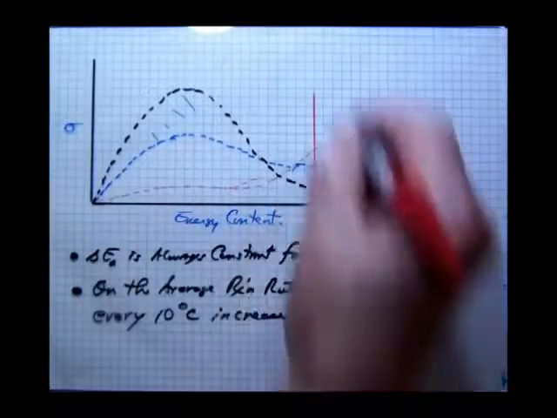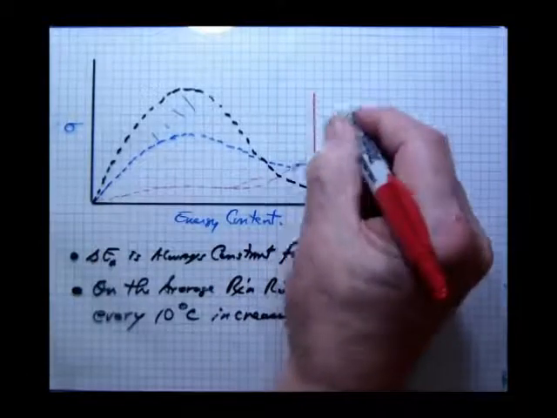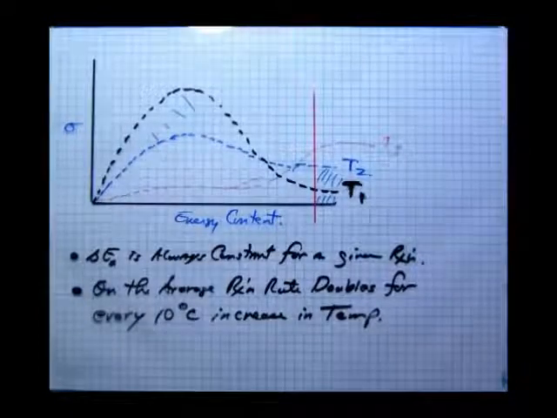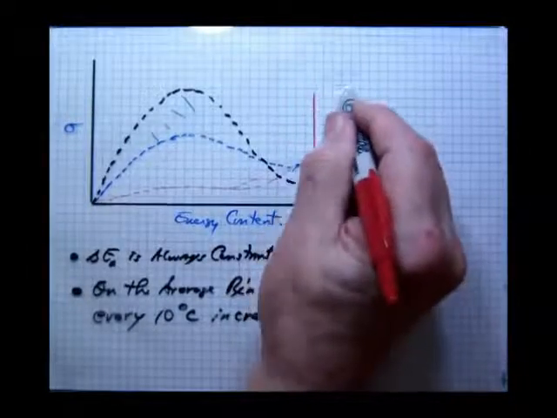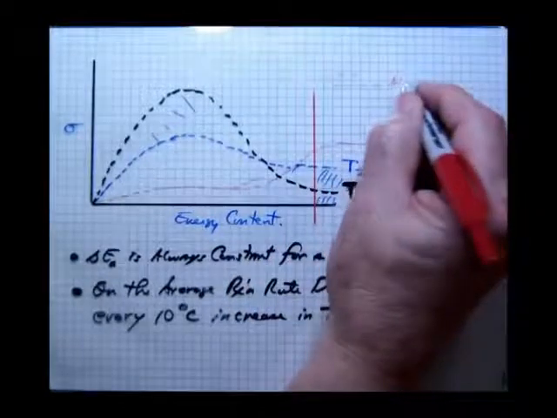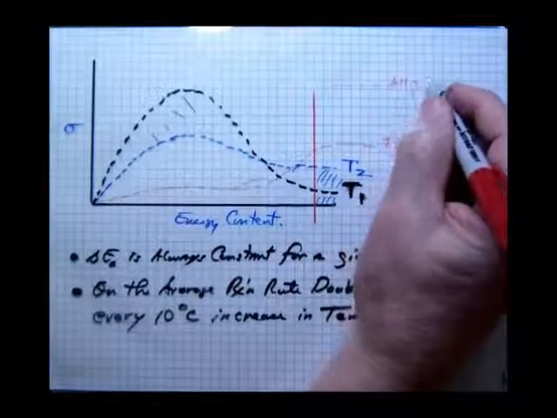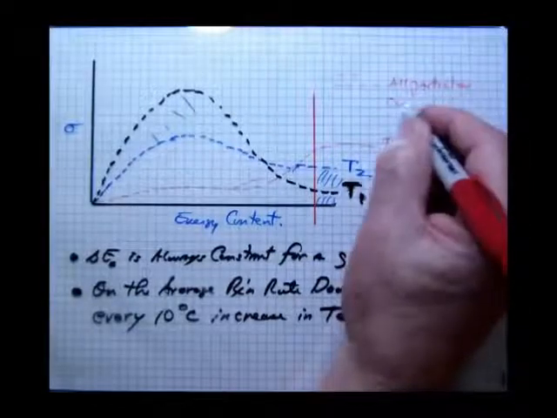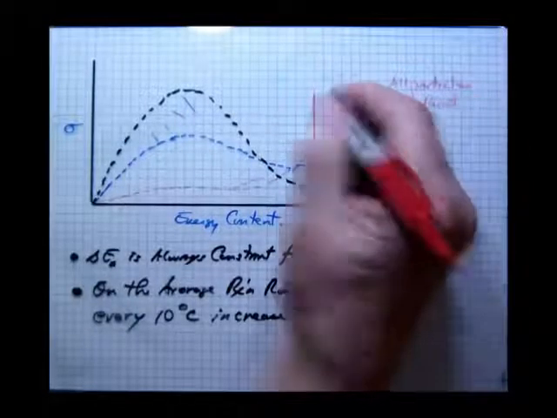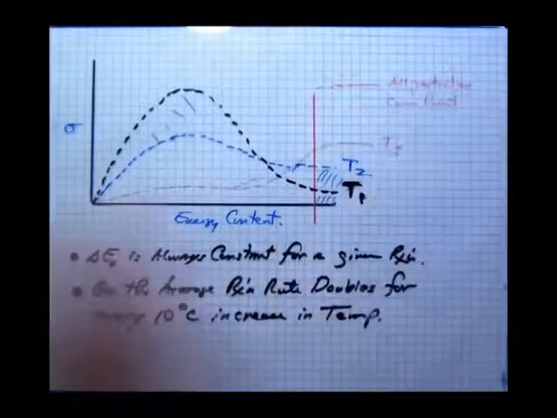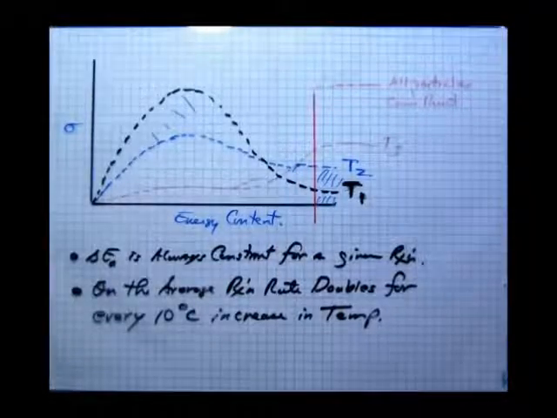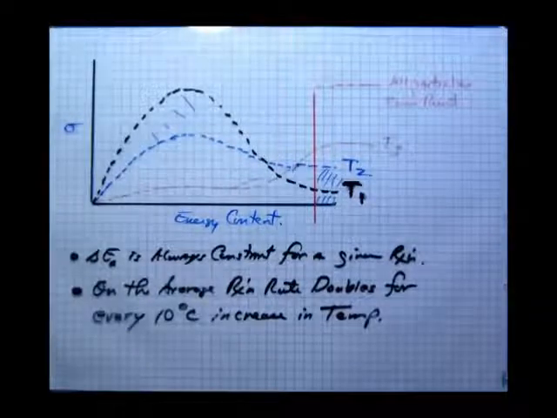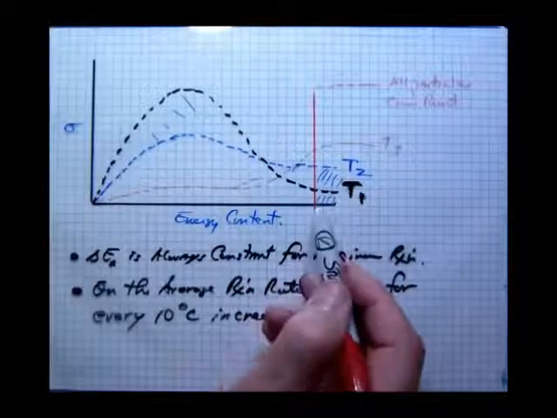You keep going until you put out enough energy for all the particles to have reactive potential. And so your curve kind of sits up here, and you don't have any more particles over here to the left of the activation energy line.